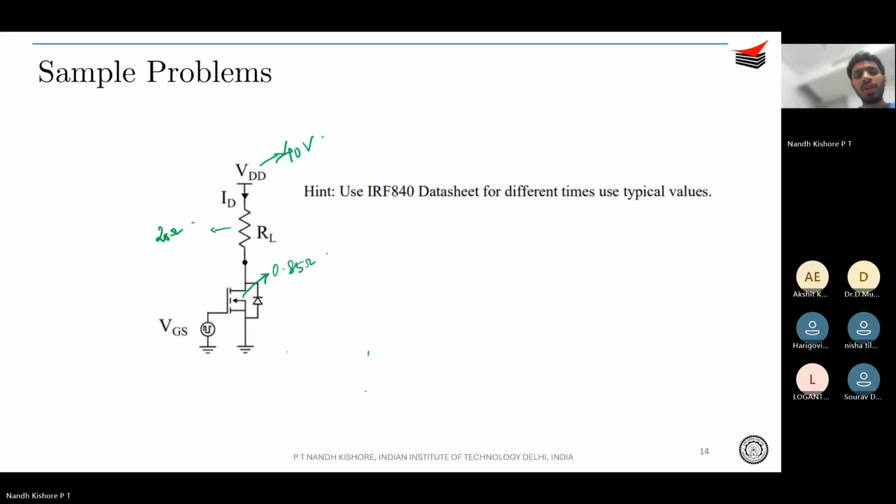So what is your current when the device is on? I is equal to V by R, so 40 divided by 20 plus 0.85, or 40 divided by 20.85.